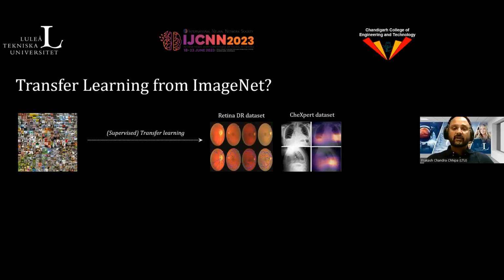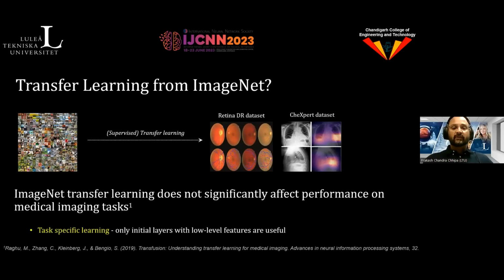However, when it comes to medical images, knowledge transfer from natural scenes like ImageNet has not significantly improved performance on medical imaging tasks. One of the primary reasons could be the very distinct visual concepts present in medical images compared to natural scenes.